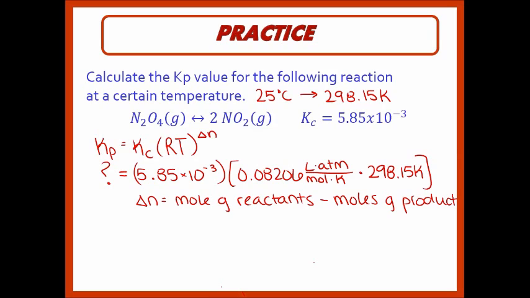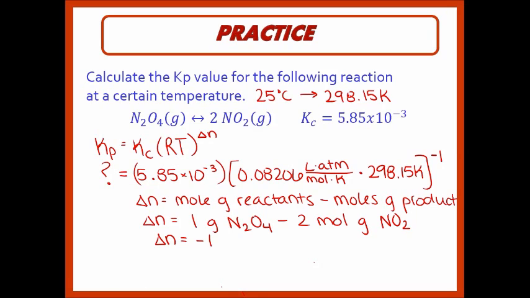So in this chemical reaction, our delta N is going to be equal to 1 mole of our gaseous N2O4 minus 2 moles of our gaseous NO2. So our delta N value in this problem is equal to -1.